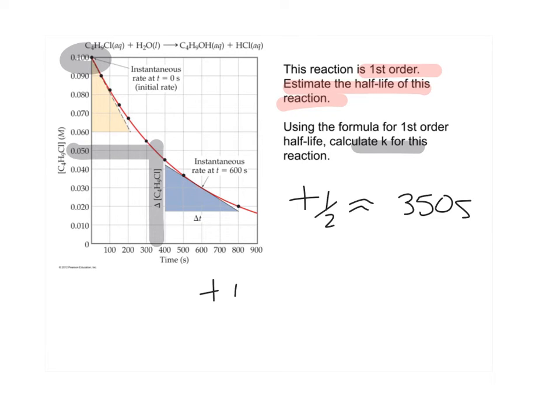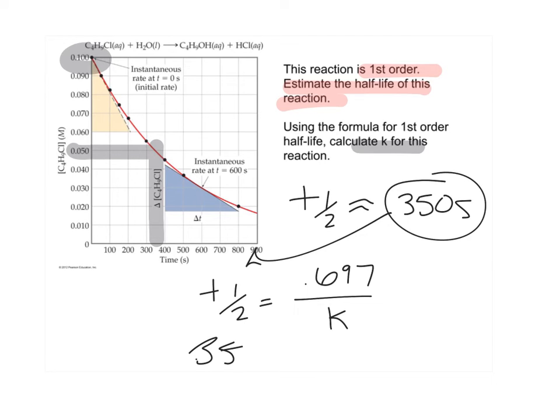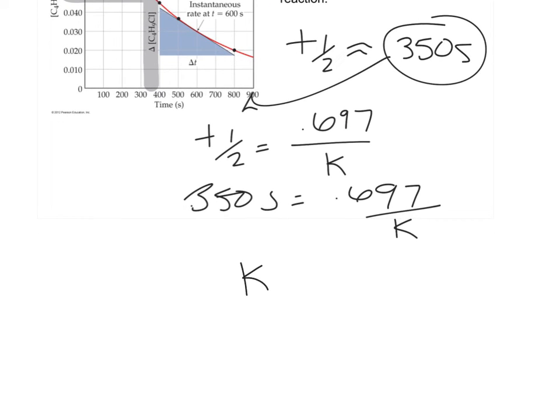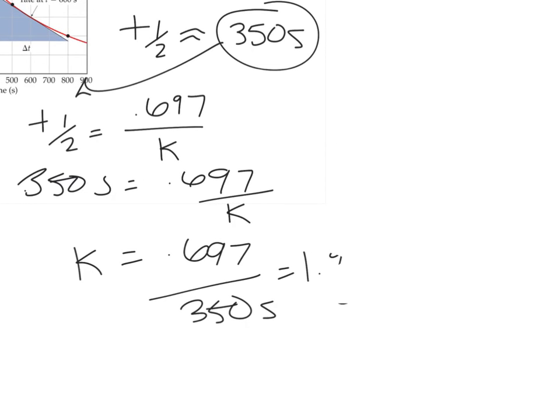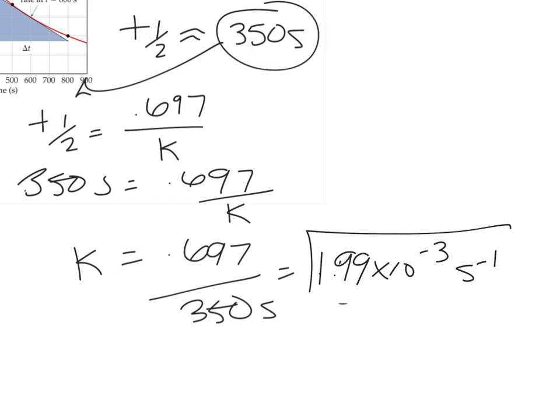And so back to our formula, T1/2 equals 0.693 over K. Well, you can plug this in for T1/2, 350 seconds equals 0.693 over K, and you can solve for K. Switch spots with K and 350, 0.693 over 350 seconds, and that's equal to 1.99 times 10 to the -3rd seconds to the -1 power is the unit on that K value.